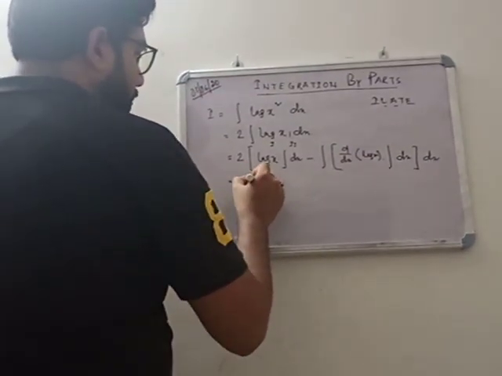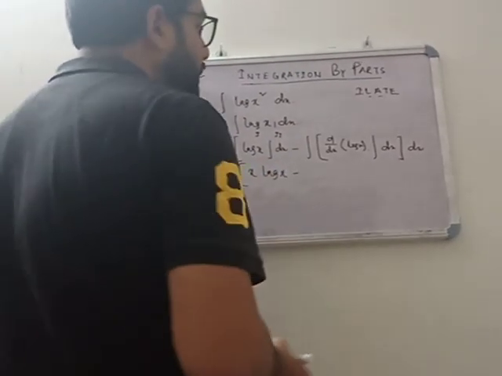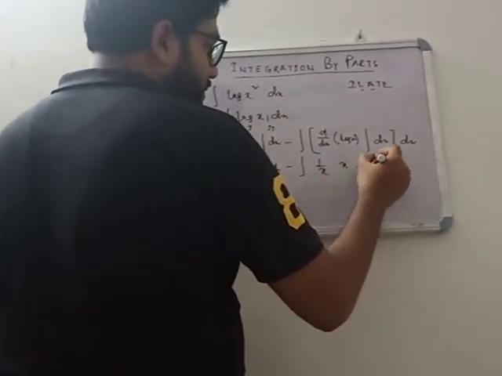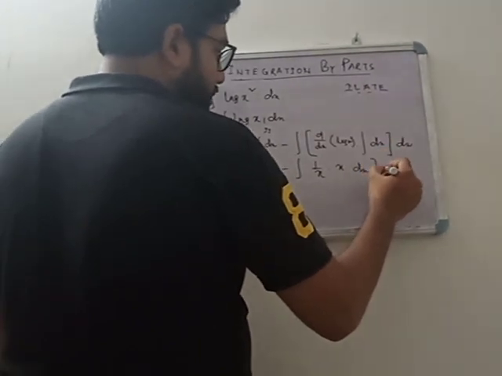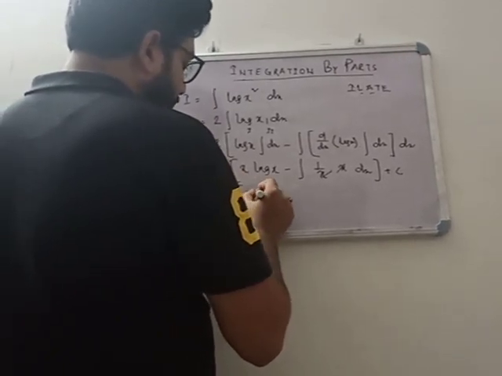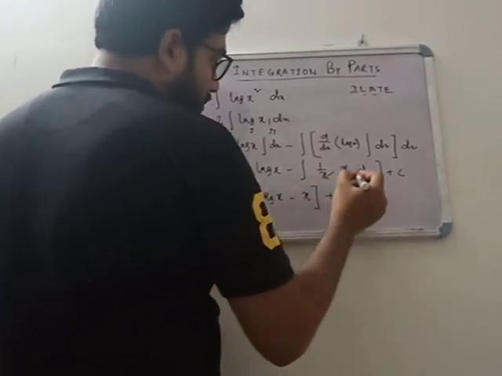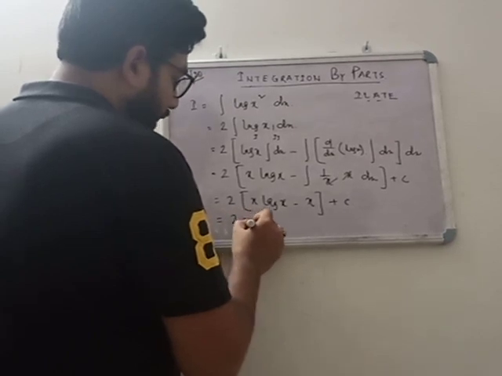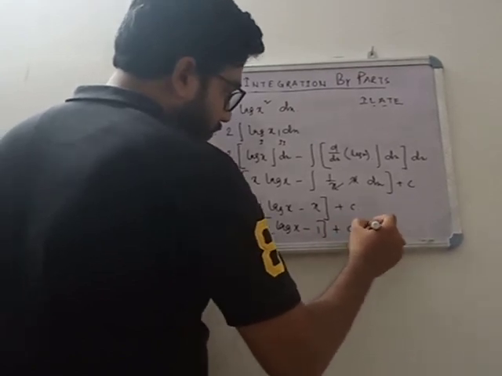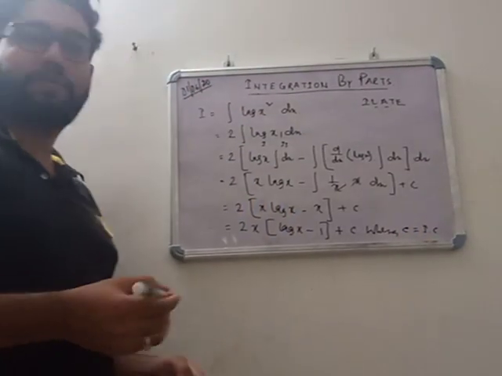So 2 x log x minus, derivative of log x 1 by x into x dx, plus c. x cancelled, so 2 x log x minus x plus c. You can write here 2x times log x minus 1 plus c, where c equals integration constant.